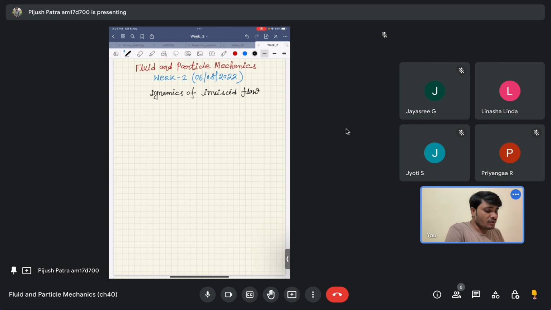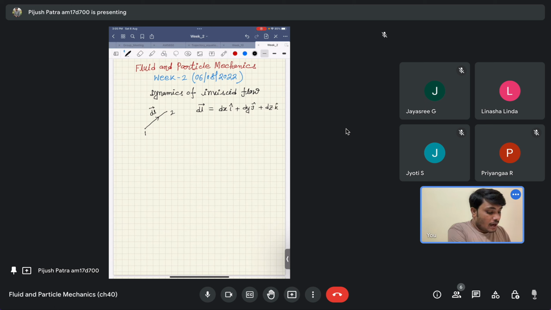Okay, so the question which I am addressing here is that, let's say I have two points in a flow field. Okay, point 1 and point 2. Let's say this is represented by a small vector element dl, where this dl in Cartesian coordinate system is equal to dx i cap plus dy j cap plus dz k cap.